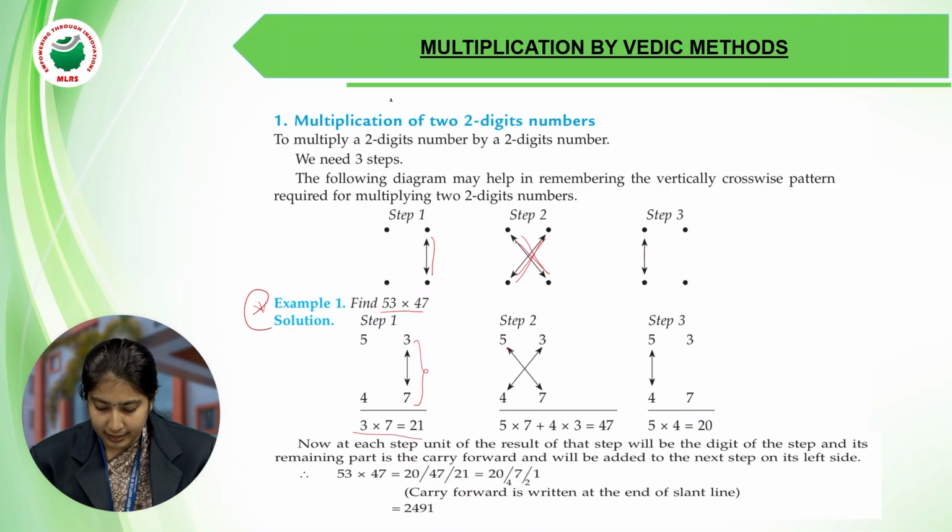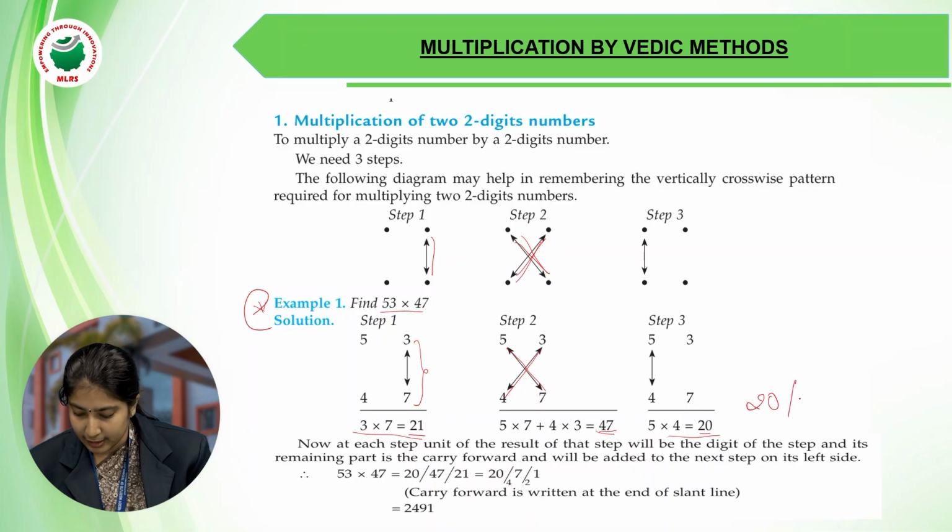That is 5 into 7 plus 3 into 4, or 4 into 3, anything is okay. That will lead you to 35 plus 12, which is nothing but 47. Then you will do the left side multiplication, that is 5 into 4, 20. Now you will write all these numbers together, that is 20 slash 47 slash 21.